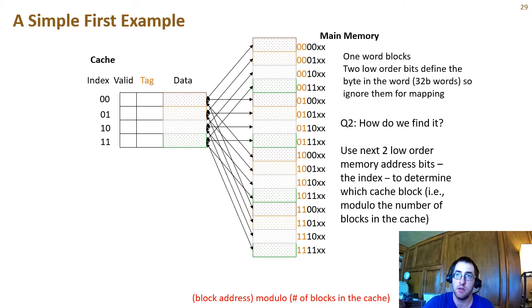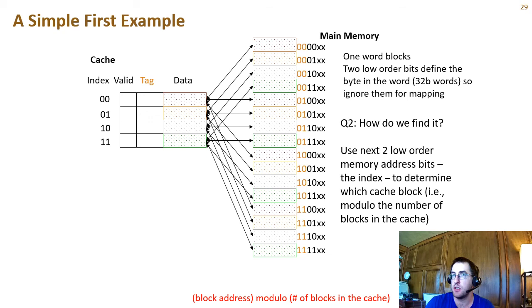So the middle 2 bits go 00, 01, 10, 11, and that tells you the row in the cache to look in: 0, 1, 2, or 3. Then when the tag changes from 00 to 01, we're in a different set of 4 blocks, and they'll map, again, cyclically to rows 0, 1, 2, and 3, and so forth. So each chunk of the memory address space that has the same tag maps to different rows of the cache in a direct mapped approach.